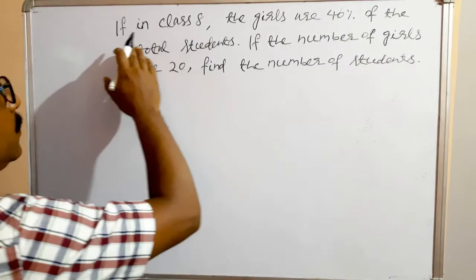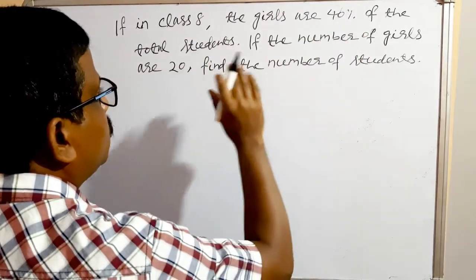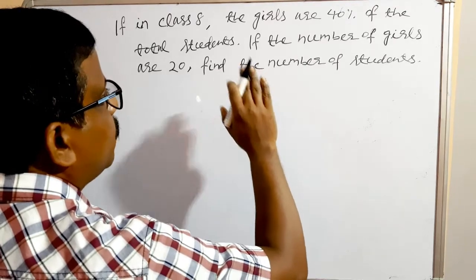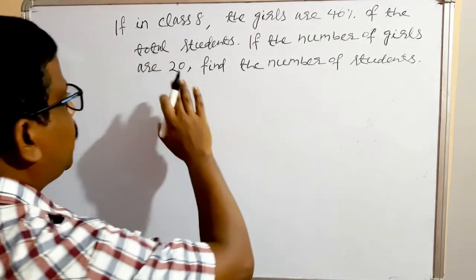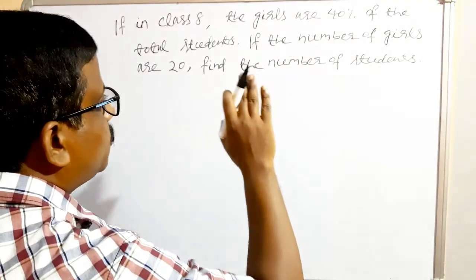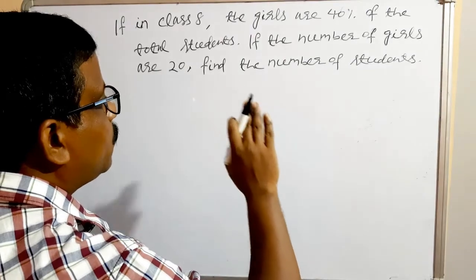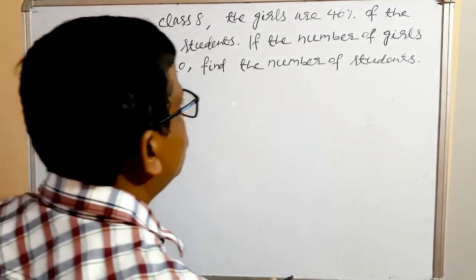In class 8, the girls are 40% of the total students. If the number of girls is 20, find the number of students. So the percentage of girls in the class is given and the number of girls is also given. We have to find the number of students.